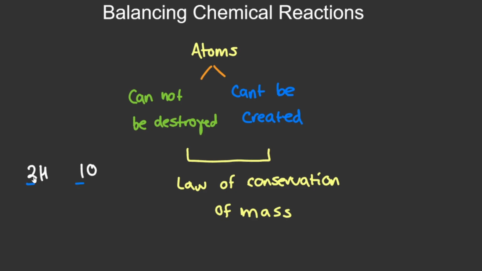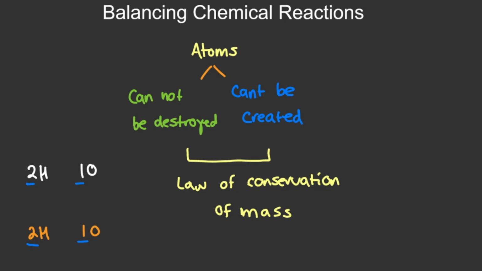So if we started with 2 and we started with 1, we have to finish with 2 hydrogens and 1 oxygen. What we started with is what we have to finish with. So basically, when we start with something, you have to get that thing back. That thing can't just magically disappear.